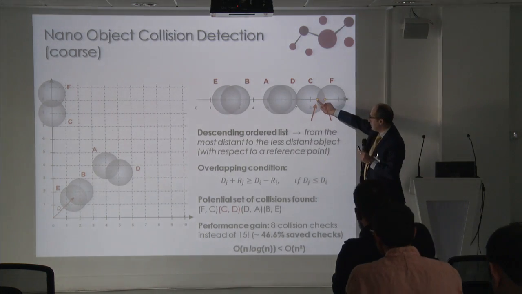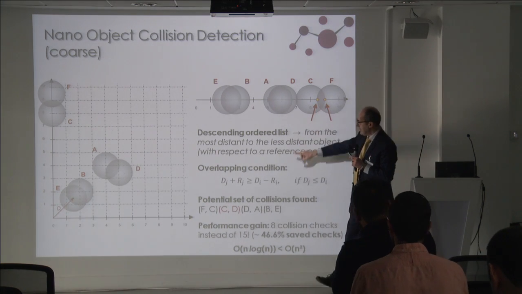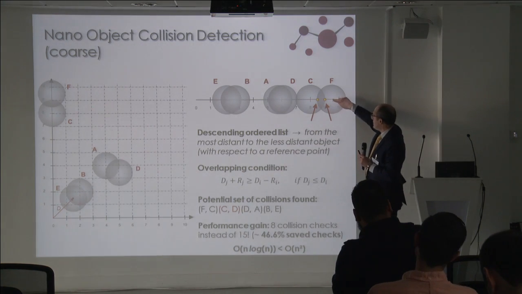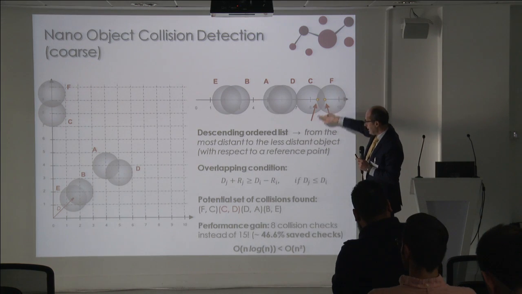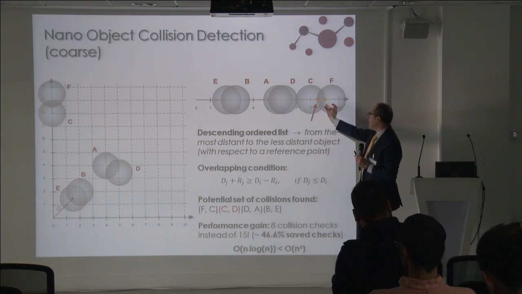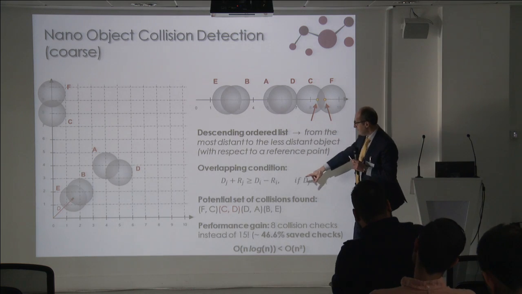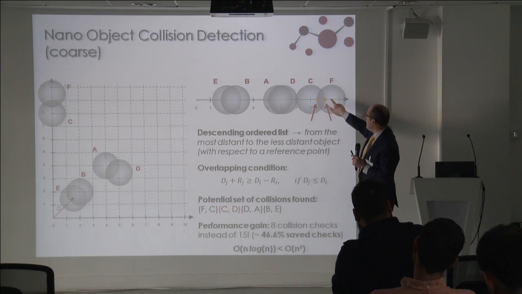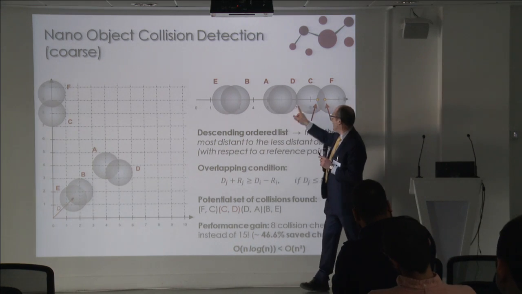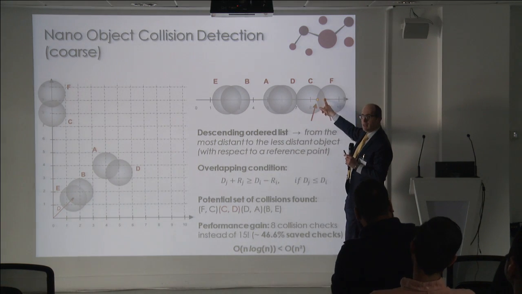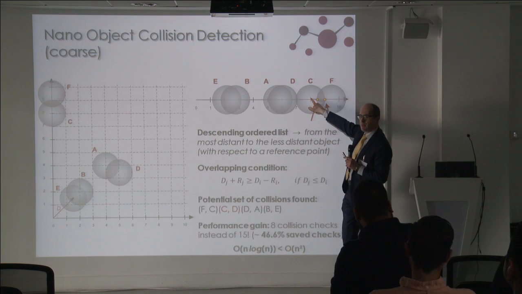This point is di, where d is the distance of the center of this object, and ri is the radius. So di minus ri is this point. If this point is lower than dj plus rj, it means that a collision could happen.